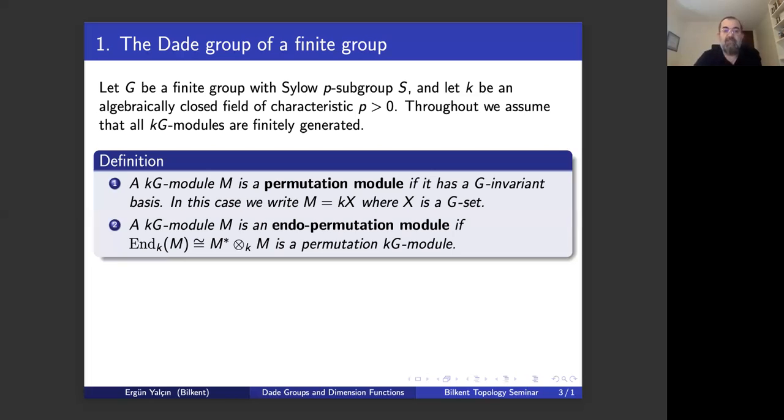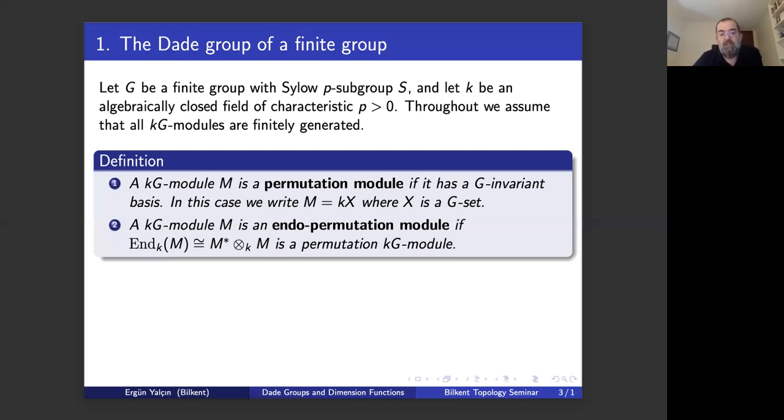And tensoring with this dual is the same as taking the endomorphisms, like take Hom_K(M, M) as a KG module. That's why it's called endo-permutation. Now in the Green ring of KG modules with tensor product, these M's will be invertible elements.